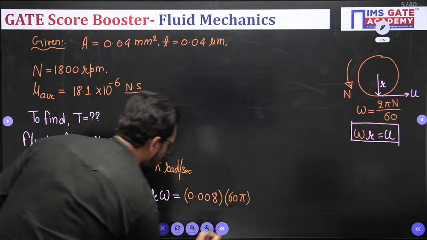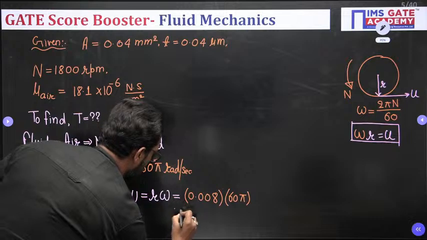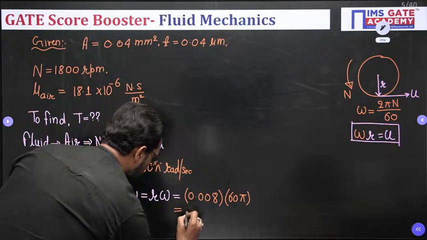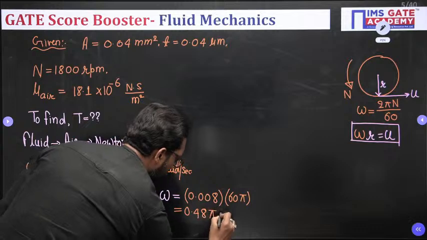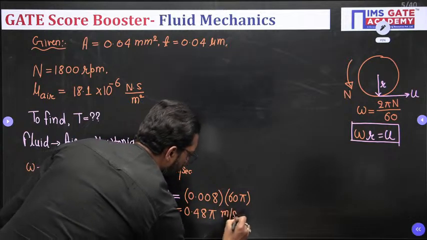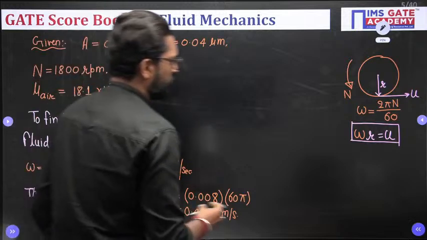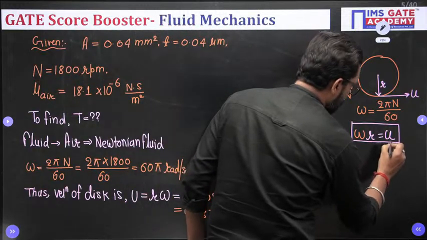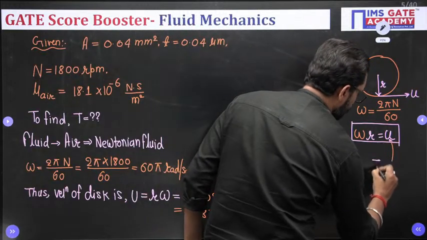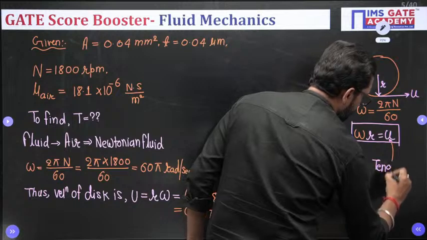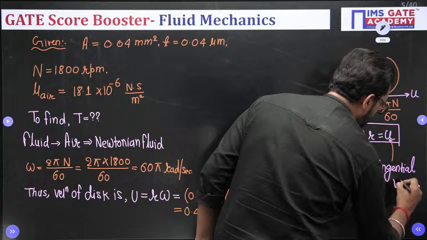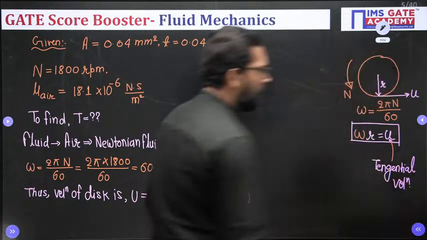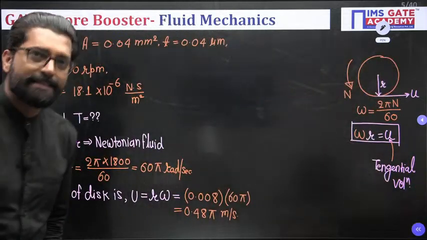This is approximately 0.48 pi meter per second. This is your tangential velocity.